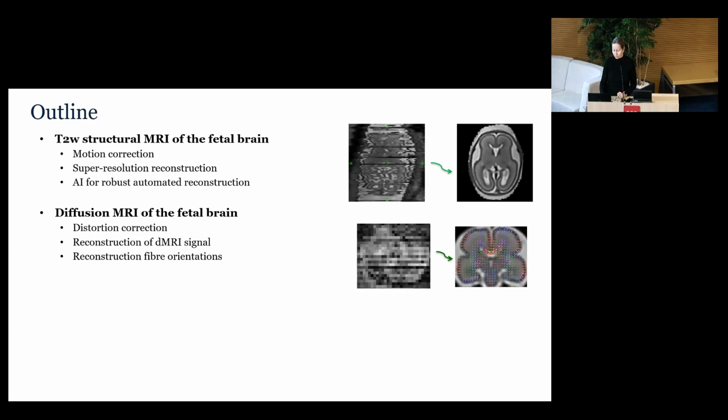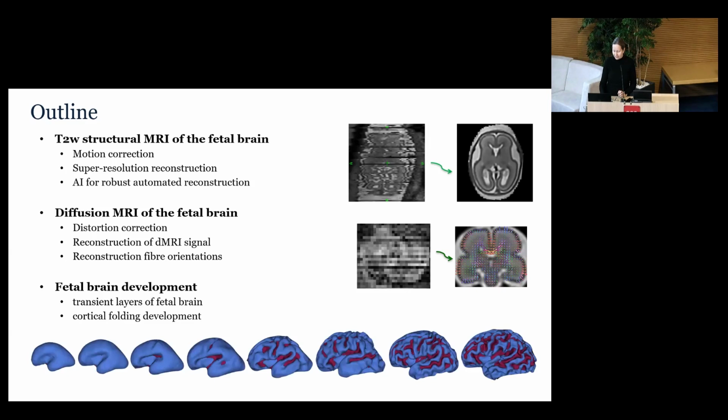Then I'll move to diffusion MRI, and I will describe the extra problems we have. So distortion correction and reconstruction of diffusion signal on a sphere, and then how we get the fiber orientations from it. And finally, I want to describe some studies we've done recently on fetal brain development.